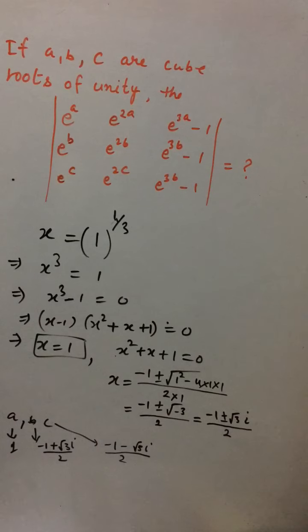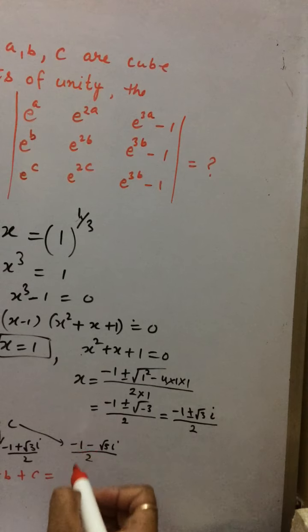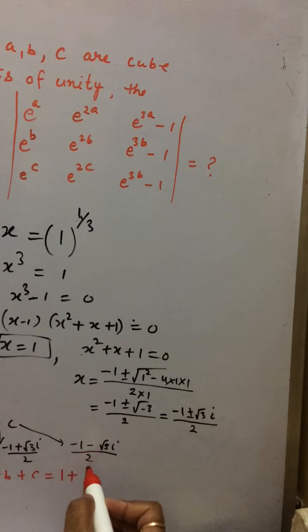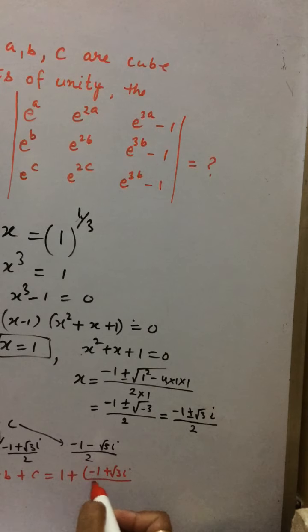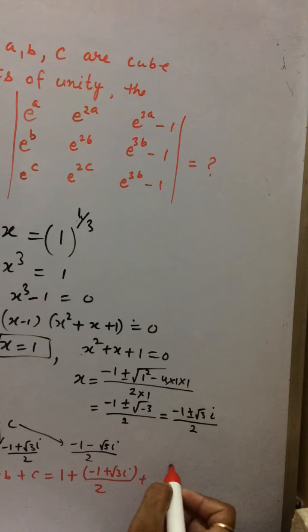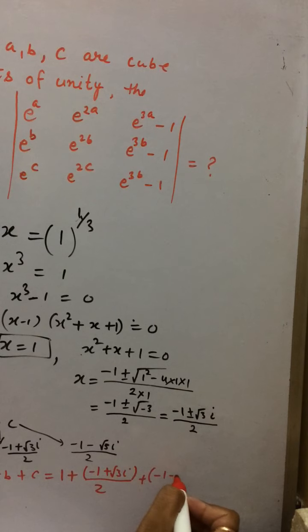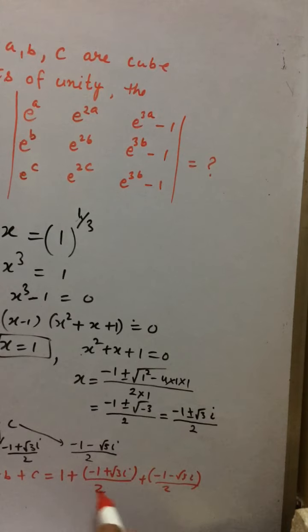Okay, so you observe here that when you add these three, a plus b plus c, what would you get? 1 plus (minus 1 plus root 3 iota upon 2) plus (minus 1 minus root 3 iota upon 2). When you take the LCM and solve, you'll end up with 0.